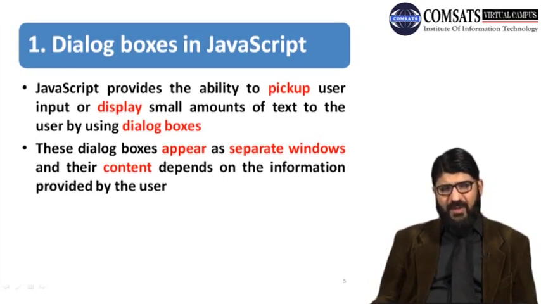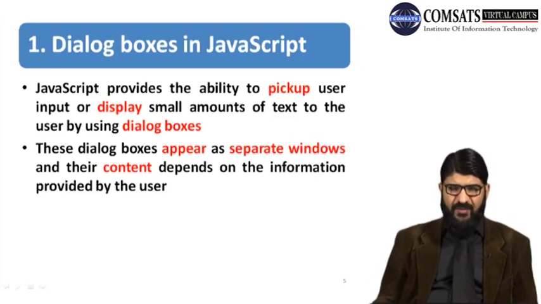So what are dialog boxes? Dialog boxes are basically separate windows that appear on the web browser, and they appear with their relevant content, and the content depends upon the information provided by the user.